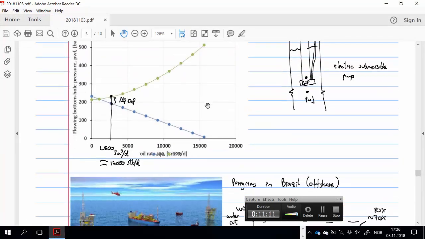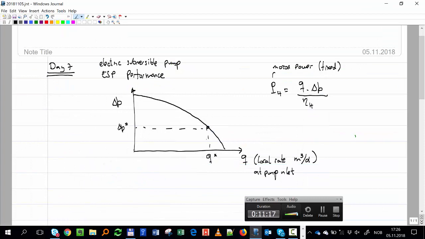If I want exactly this Q and that delta P, if I want to use this pump, it has to fall exactly on that line. If it doesn't fall on the line, I won't be able to produce that.